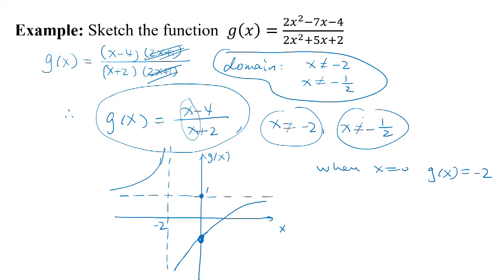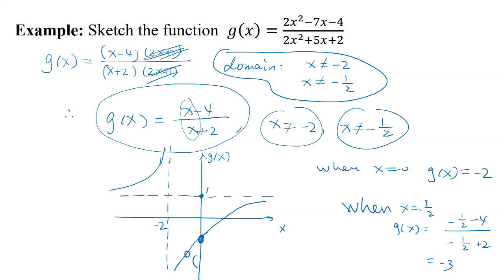And the other one is x cannot be minus 1 over 2. So minus 1 over 2 is here. So when x is minus 1 over 2, g(x) is minus 1 over 2 minus 4 over minus 1 over 2 plus 2, which is minus 3.